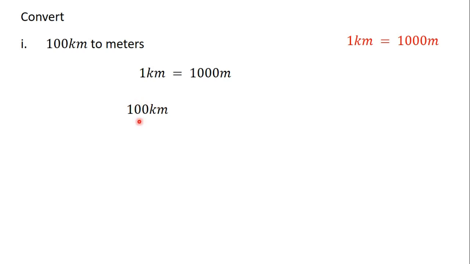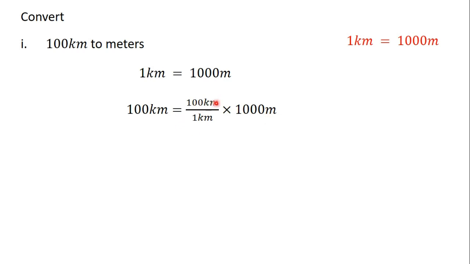So if 100 kilometers will give us more than 1000 meters, then it means that among these two, the lesser one will divide. So you will form a fraction with these two, and the lesser one will divide. The lesser one here is 1 kilometer. So we are going to have 100 kilometers as the numerator, 1 kilometer as the denominator, then we will multiply it by 1000 meters.